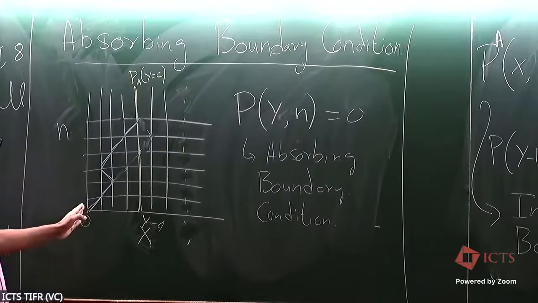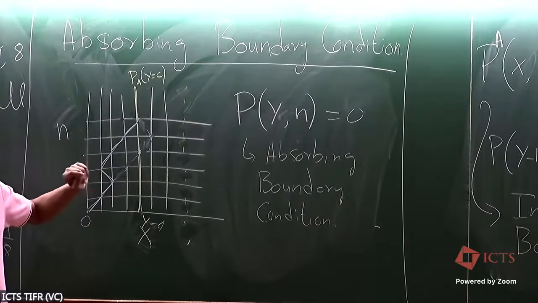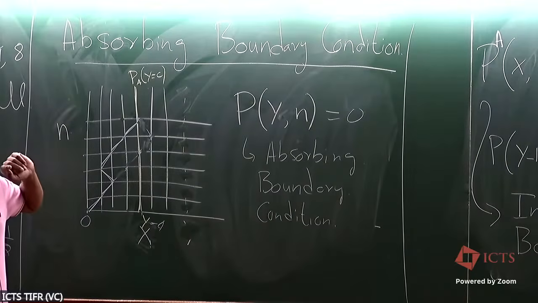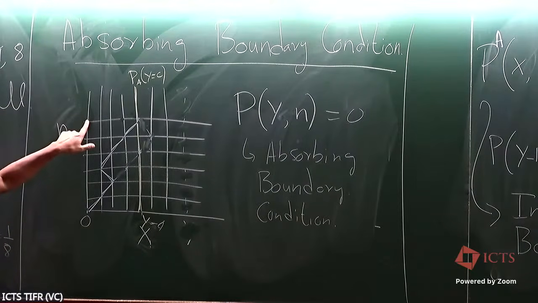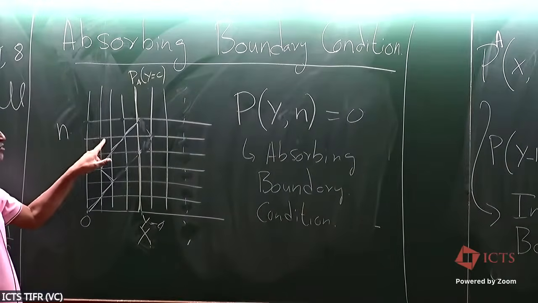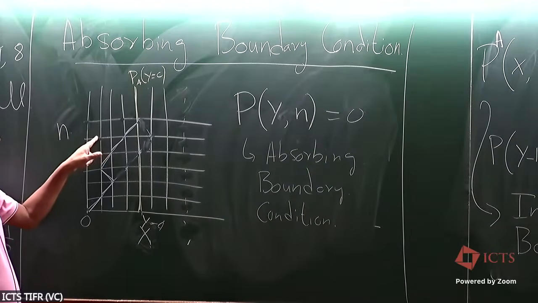But if you want 0 to 0, can we use this result? If it is returning to 0 after n steps, it means that after n minus 1 steps, it has to be either here or this side, right? And it has to be a first passage to this problem.